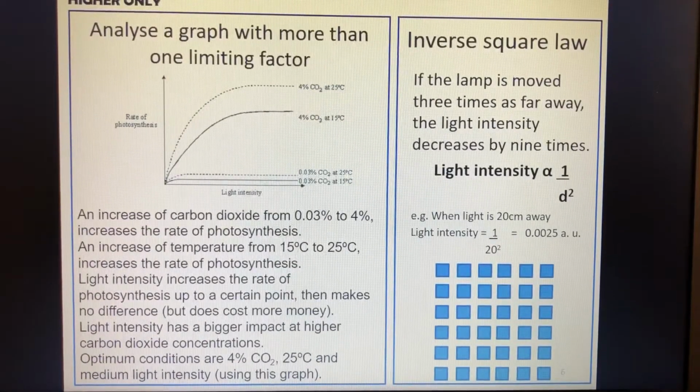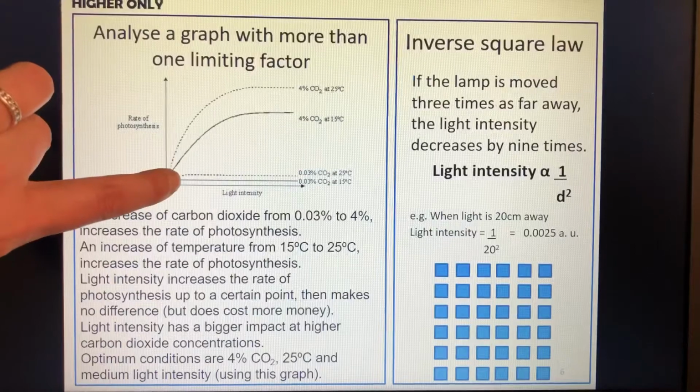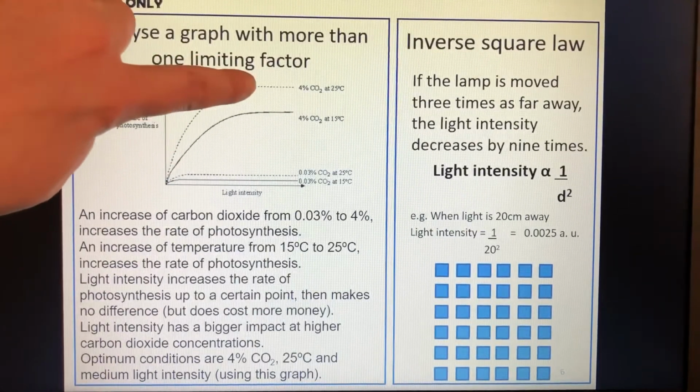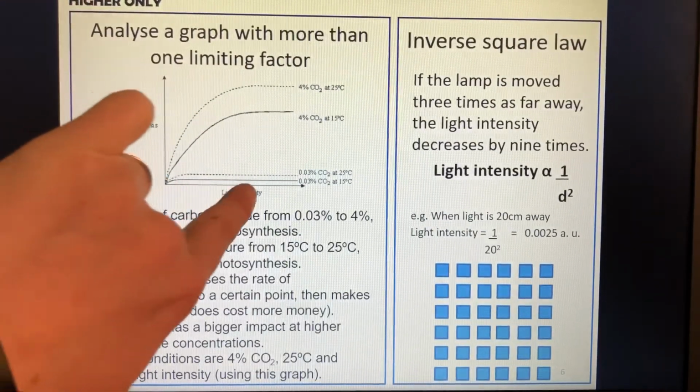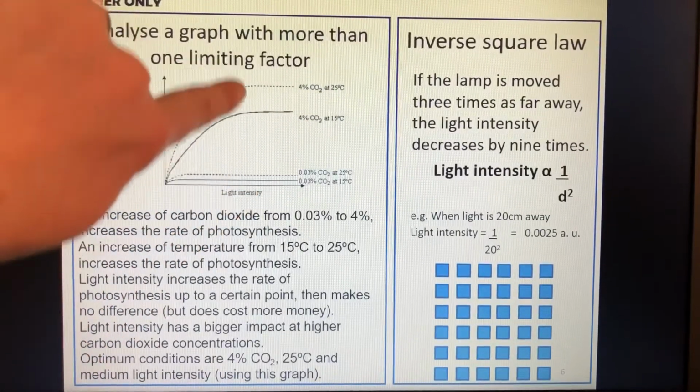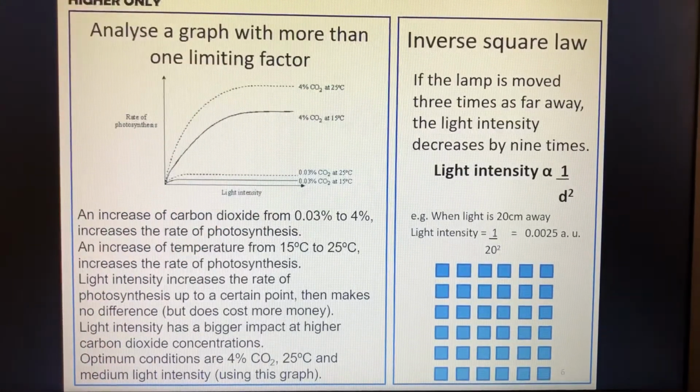Has light changed? And yes, it has. The optimum's gone from down here all the way to over here, which is a good halfway across the light intensity scale at those new conditions. And that's what's really important to understand.